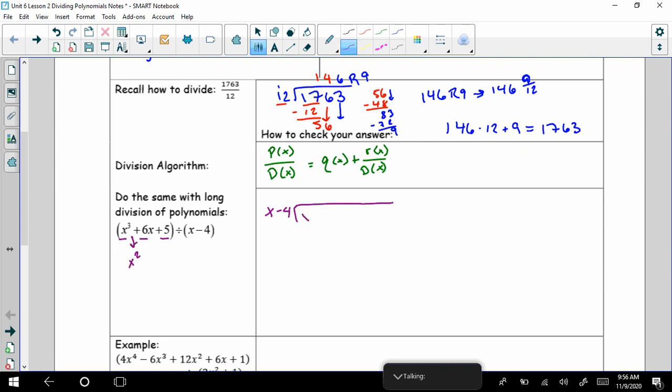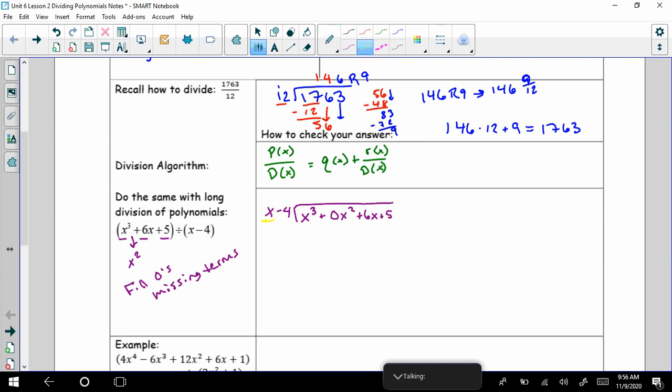So when I do this, I'm going to do x cubed plus 0x squared plus 6x plus 5. So you're going to fill a 0 in for any missing terms, because it should count all the way down, right? What this does is it makes sure that our like terms will line up properly.